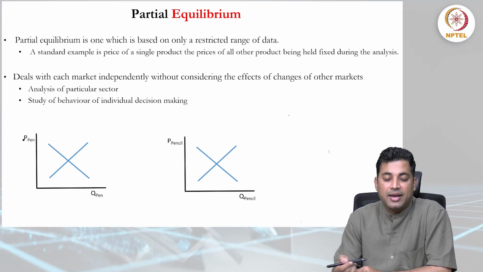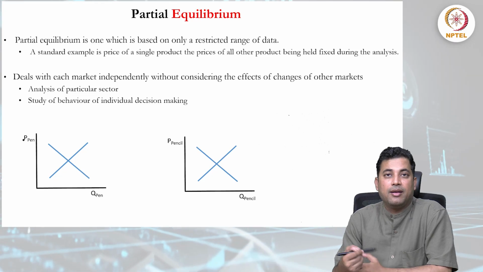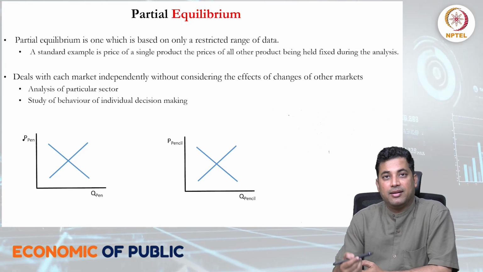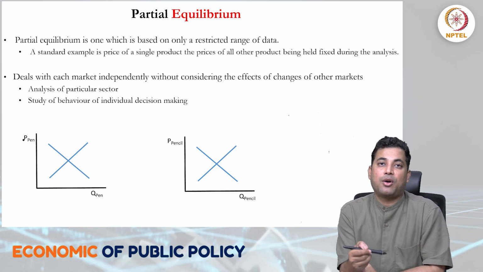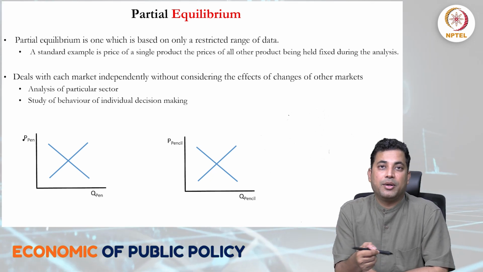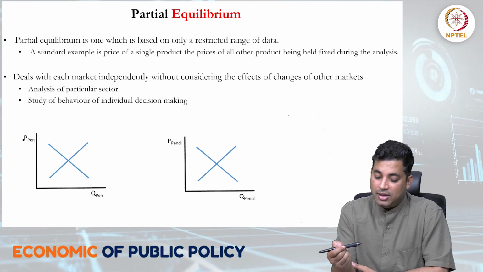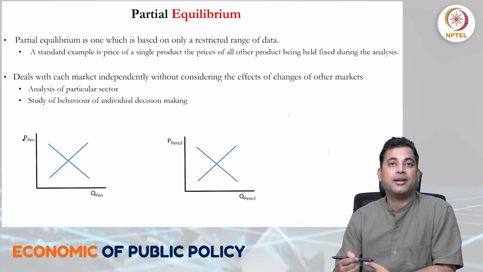An example is the price of a single product, with the prices of all the other products being fixed during the analysis. So trying to understand price determination for one particular commodity in one particular economy will be considered partial equilibrium. That is, dealing with one commodity, one sector at a time.